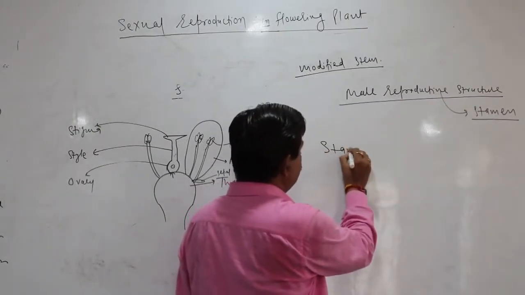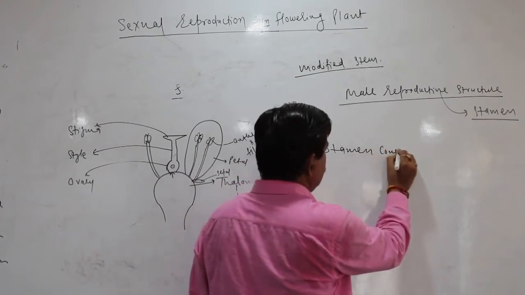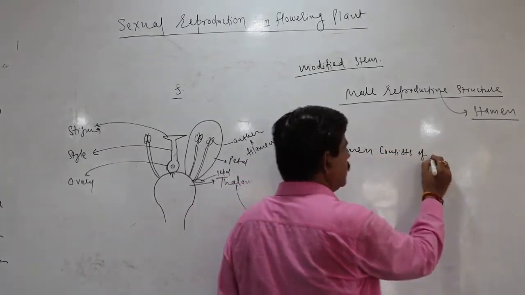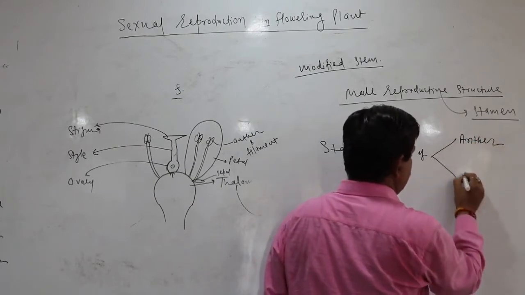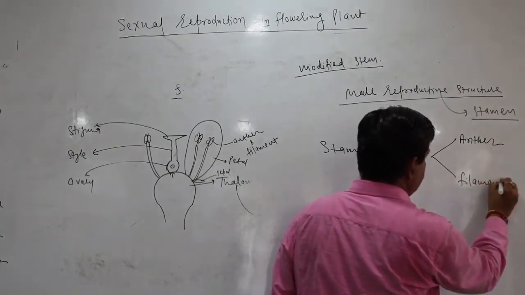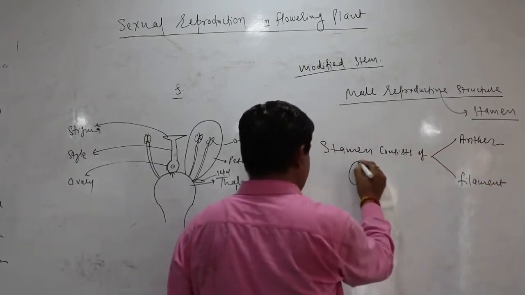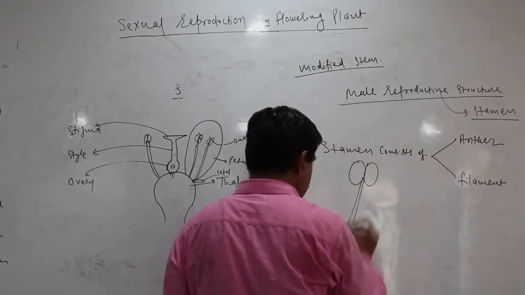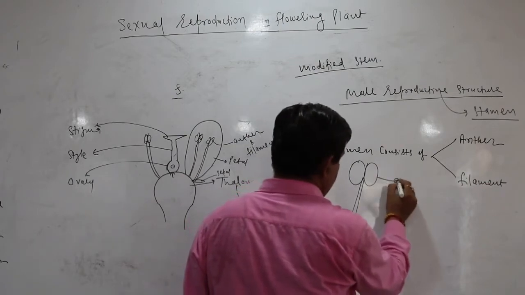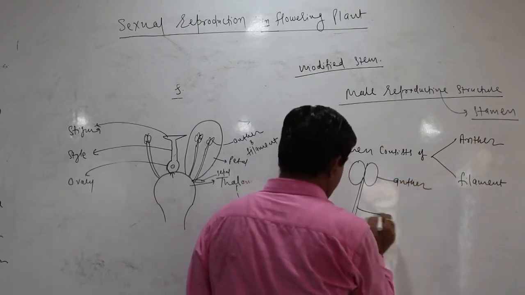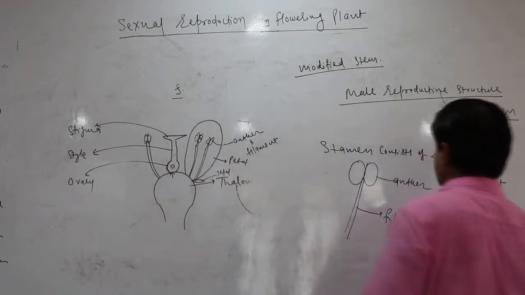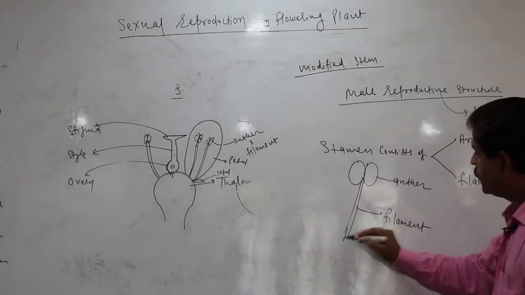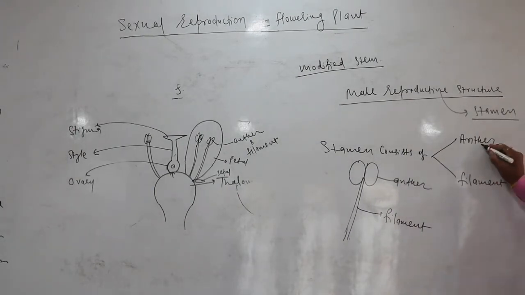Stamen consists of anther and filament. Anther is a bilobed structure. This is the anther. This one is the filament.